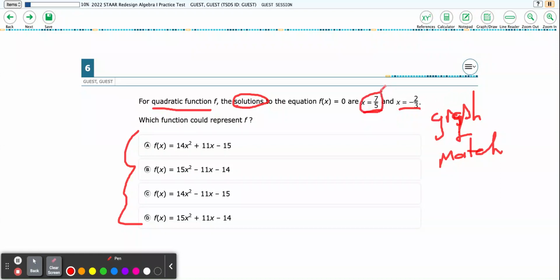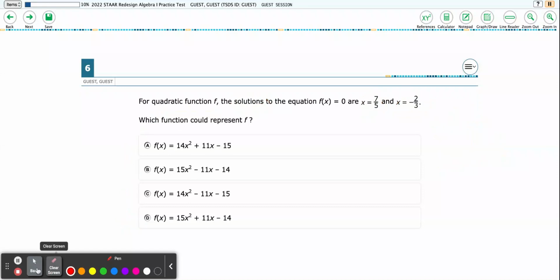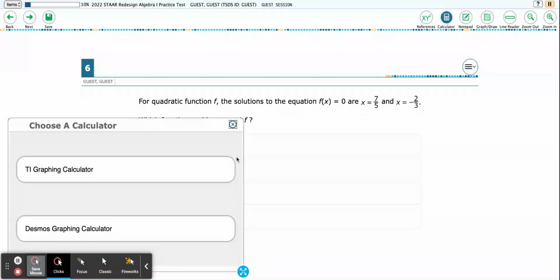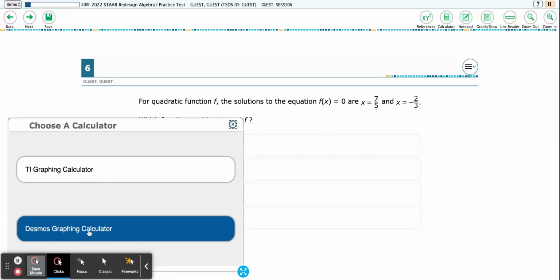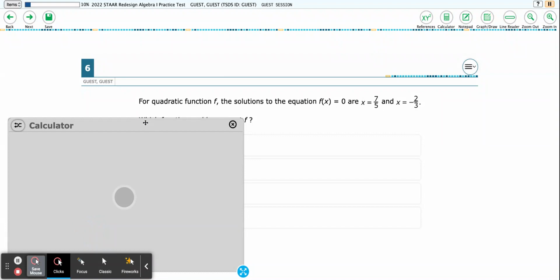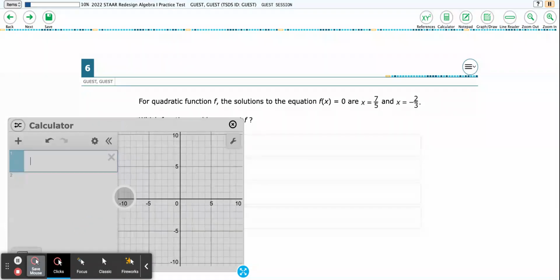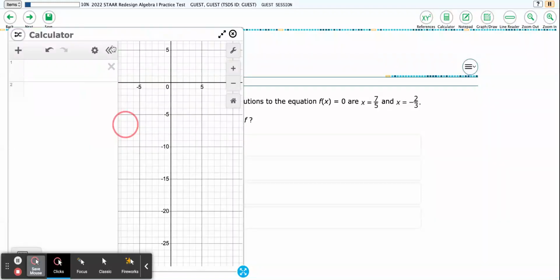And that gives me, because I can actually graph this equation and graph this equation. So let me clear my board here. And I'm going to open my calculator. And I'm going to choose my Desmos calculator, which is the one we're using in class. All right, so in my line right here, I can actually put x equals 7 over 5.